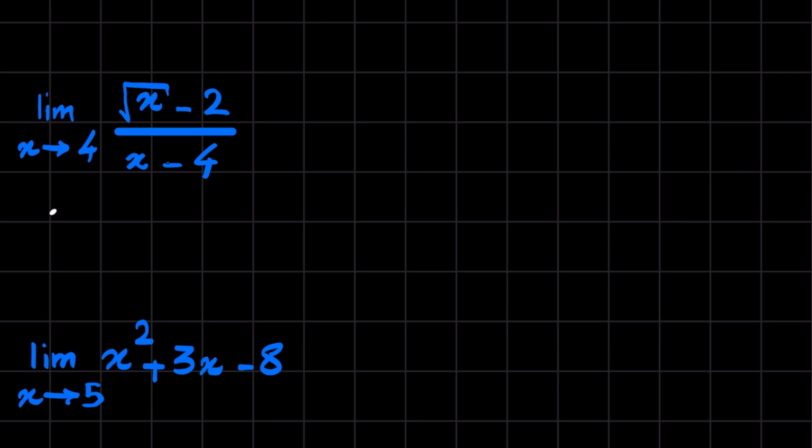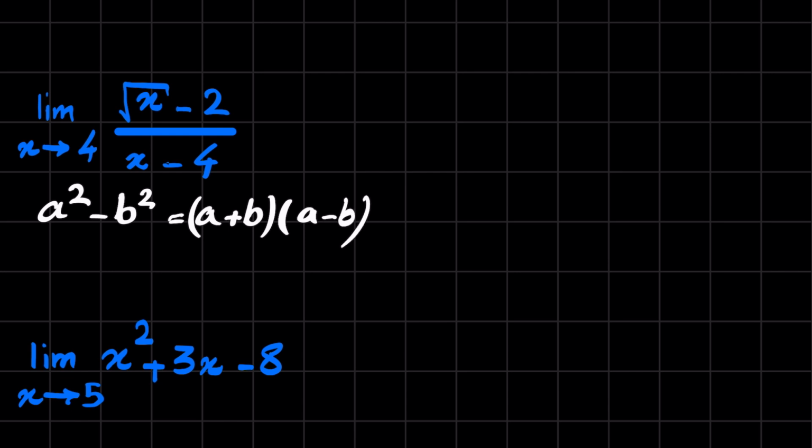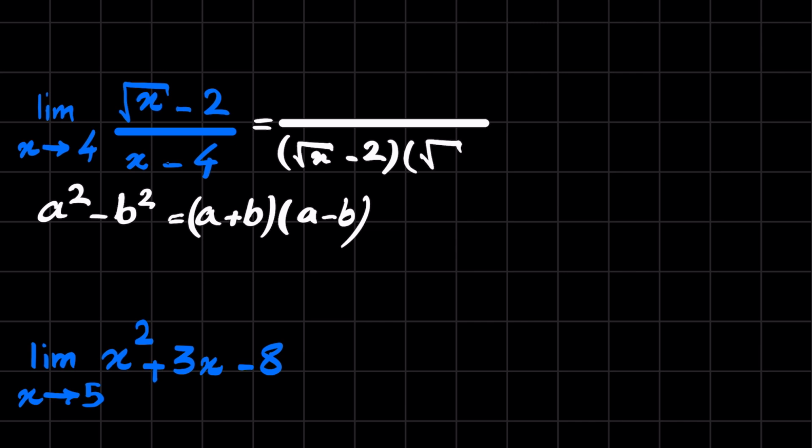Let me just first write a formula. I think you guys mostly might know this, but just in case, or as a reminder, we could rewrite the denominator as square root of x minus 2 by its conjugate, which is going to be square root of x plus 2, and the numerator is going to be x minus 2, which we could see that we could cancel these two.